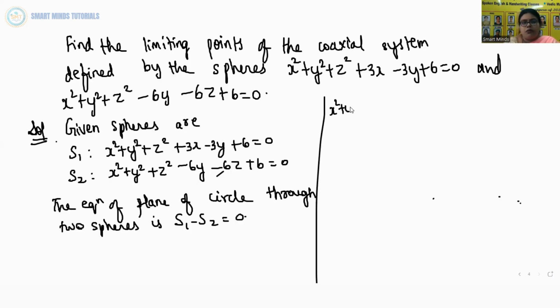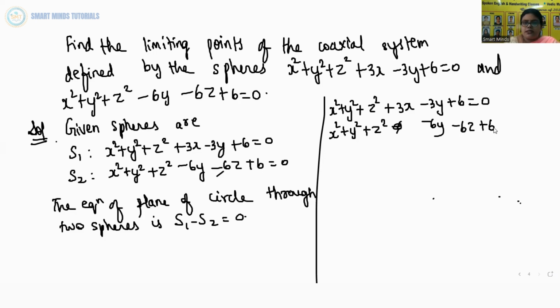We write one below the other: x square plus y square plus z square plus 3x minus 3y plus 6 is equal to 0, and x square plus y square plus z square minus 6y minus 6z plus 6 is equal to 0, writing the minus 6y below the y term.